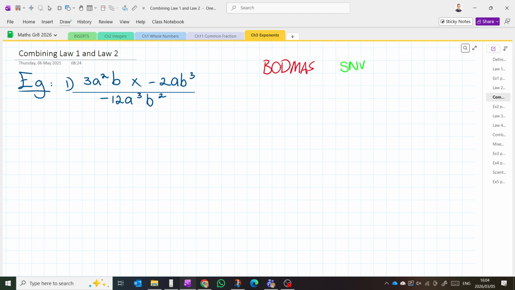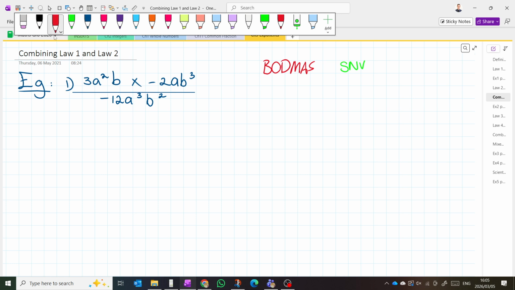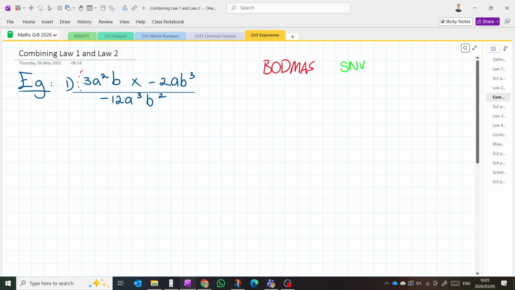Okay, so firstly, keeping BODMAS in mind, we've got a term here being multiplied by another term in the numerator, and then we've got a singular term in the denominator. So, as always, if there is any operation in the numerator, like this multiplication, we are going to treat it as if it is in brackets, meaning that we need to do that first before we can do the division.